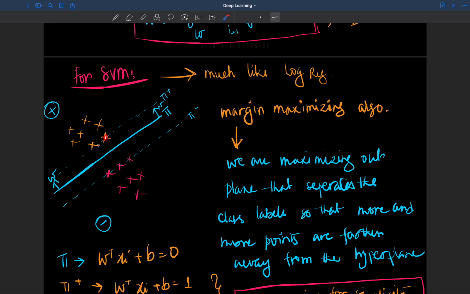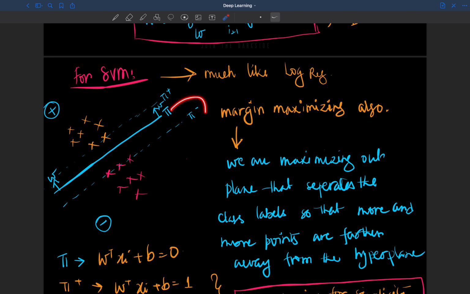So these 2 points are closest to our hyperplane, hence we are drawing another plane that is pi plus, indicating the positive class label. And similarly we are drawing another hyperplane passing through the points that are closest to the hyperplane. Again, here are 3 points that are closest to our hyperplane, and we are drawing another line through here and calling it pi minus.